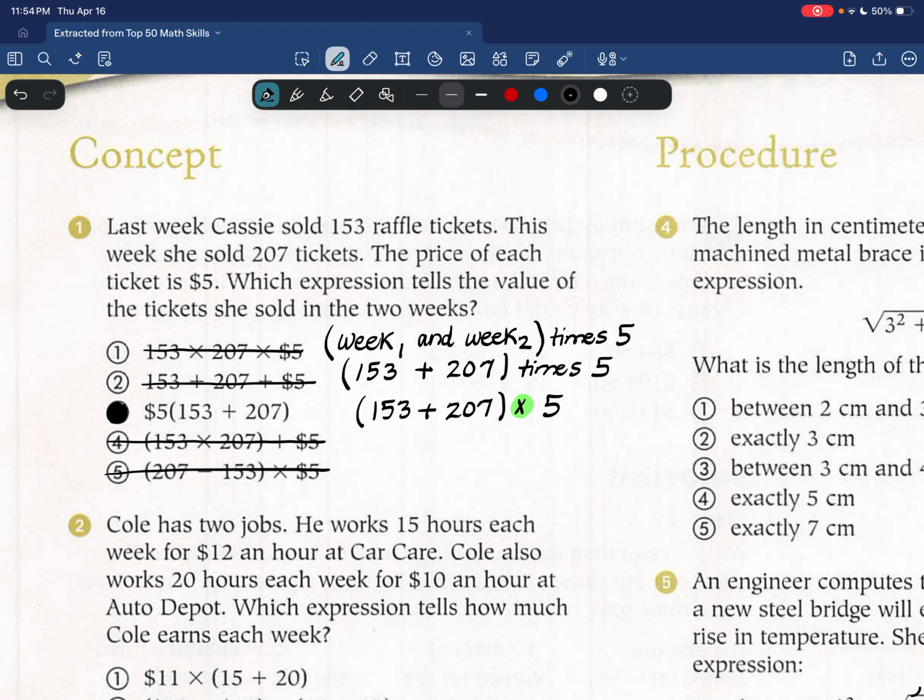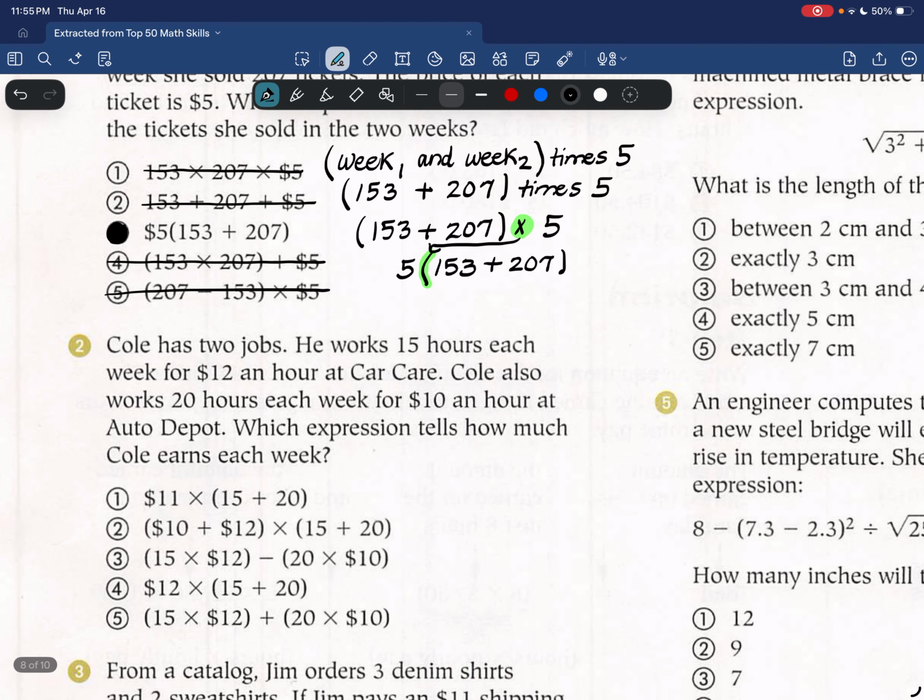So once you get into algebra, it is customary to write multiplication this way. And this is something that is very important that you learn. That when you have a number pressed up to parentheses like that, that means multiply. It is telling you the same thing. 5 times that quantity. So your answer here is number 3.